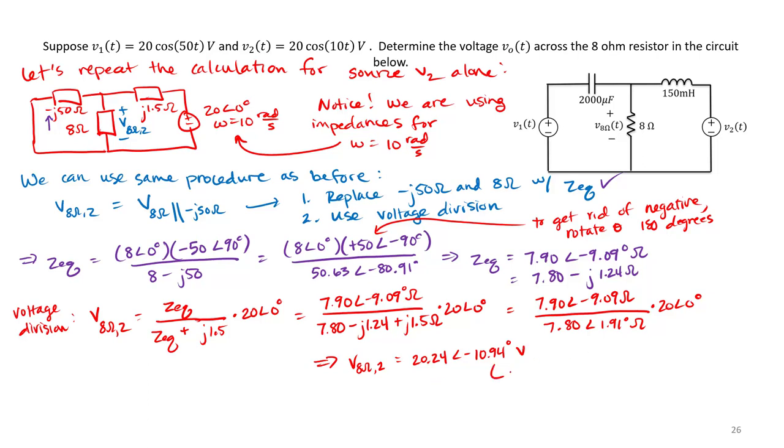If we write that in sinusoidal form, we get 20.24 cosine 10t minus 10.94 degrees. Notice this time, since we were working with source V2, we had to use 10 radians per second as our frequency.